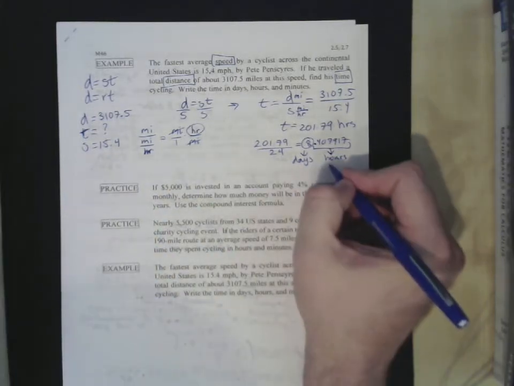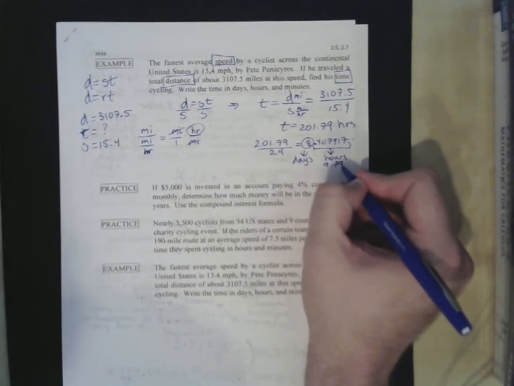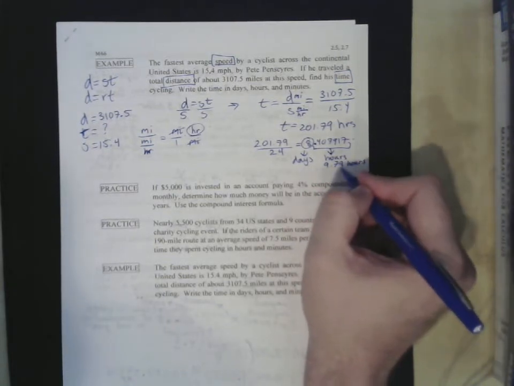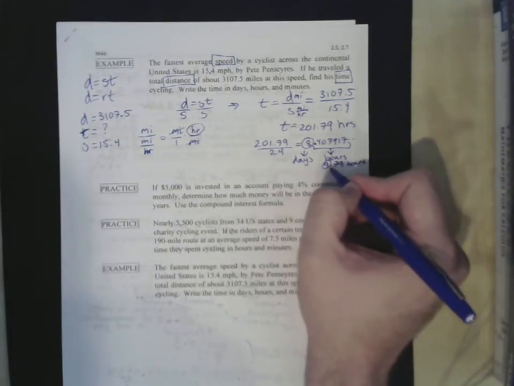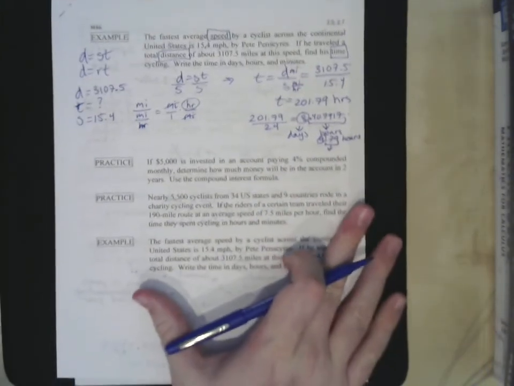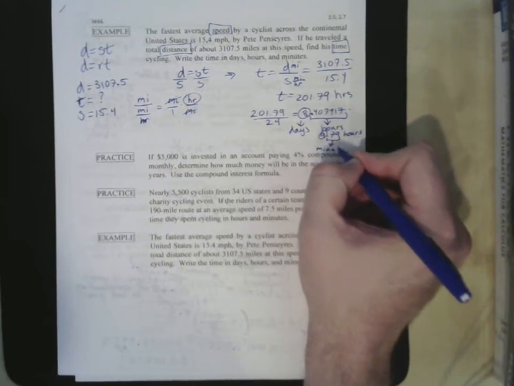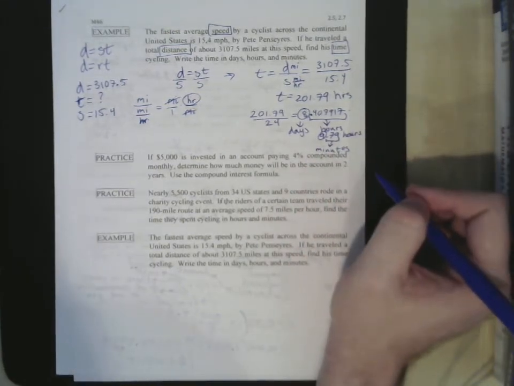So times 24, this gives us 9.79 hours. And 0.79 is not great, so we're going to take this number and convert it. I couldn't tell you what 0.79 hours meant. We're going to convert this to minutes, and we do that by timesing by 60 minutes in an hour.